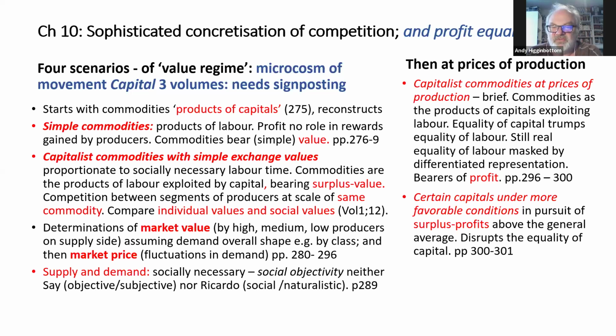So then finally, from that, he moves on. Most of the discussion is, as I said, around capitalist commodities with simple exchange value. So he hasn't really filled out and built on what he told us in chapter 9, which is that in reality the form of capitalist commodities is prices of production. He starts on it, but it's definitely quite brief, and one could imagine a lot more work could have been done, because commodities are now not just the bearers of surplus value, they're the bearers of profit.